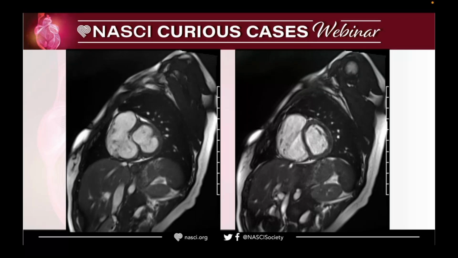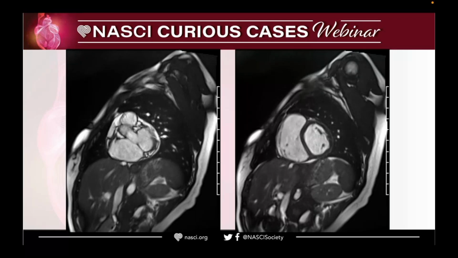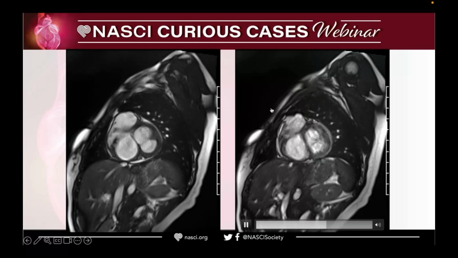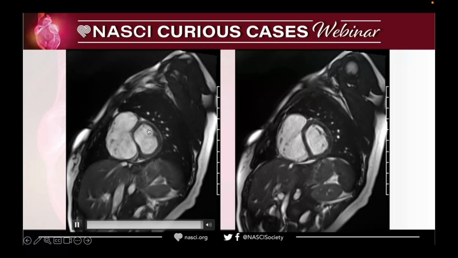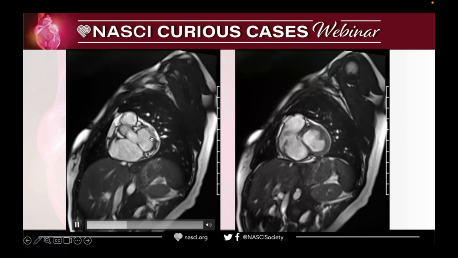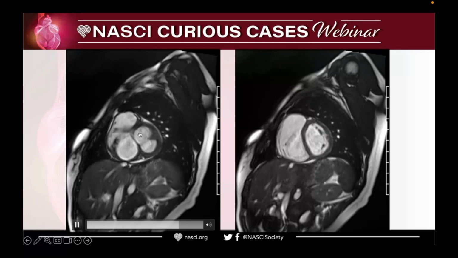Anyone see any abnormality? What caught my eye is that in the left ventricle you can see some tissue ridge here. You can see two openings like eyeglasses. They call it spectacles.